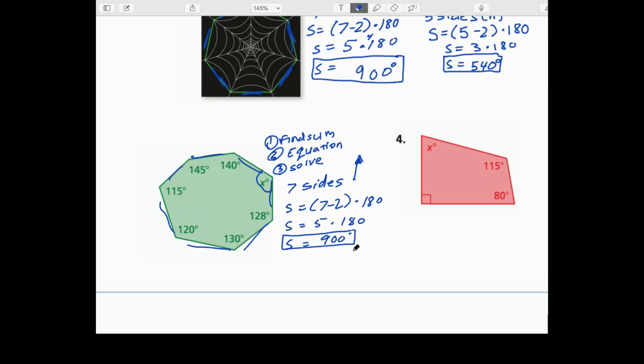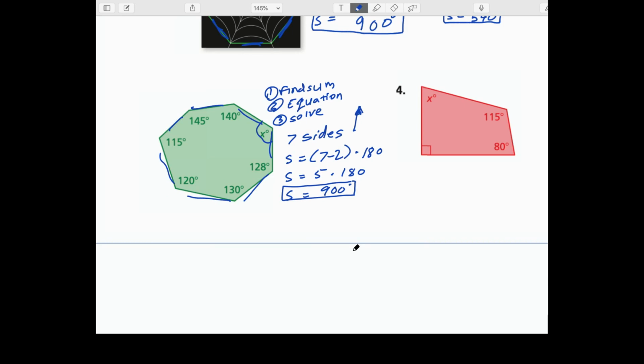So then what do we do? We set up the equation. That means 140, and this is where the calculator would be nice, plus 145, plus 115, plus 120, plus 130, plus 128, plus x equals 900. Some of you are saying, I'm just going to add that up before I even put that down. Okay. You're going to have a calculator available on the assignment.